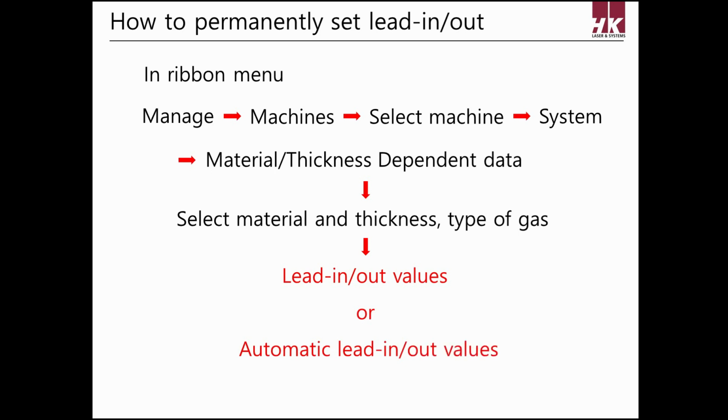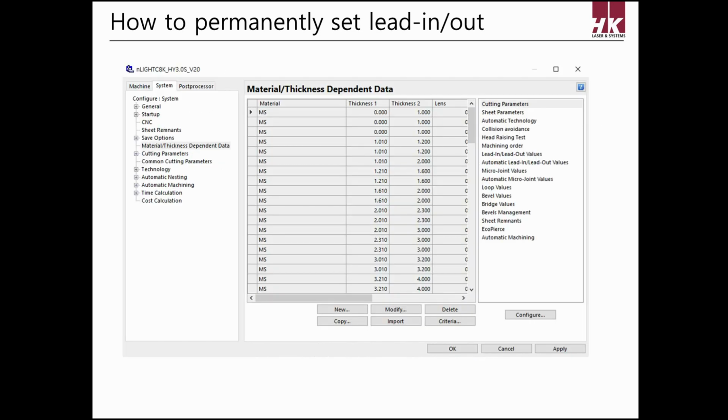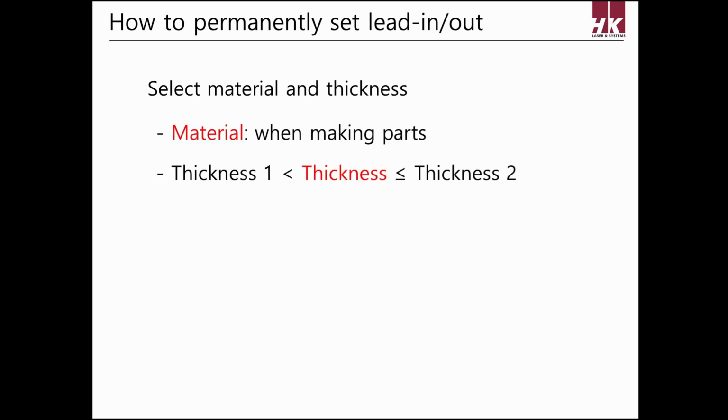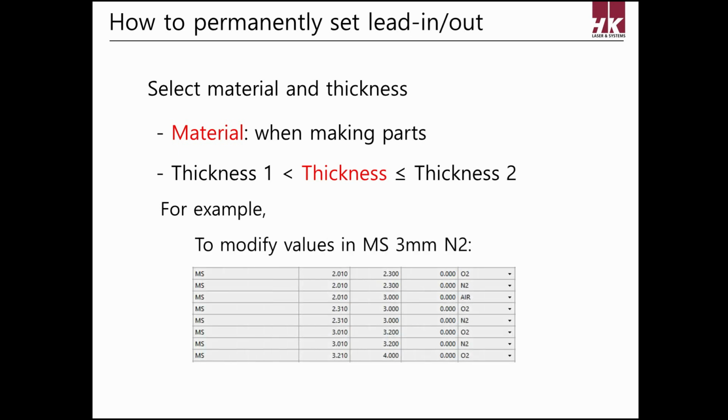Let's see selecting material and thickness in more detail. There are material, thickness 1 and thickness 2, which mean thicker than thickness 1 and thinner than or equal to thickness 2. For example, to modify the setting for mild steel 3 mm nitrogen, which one should be selected?